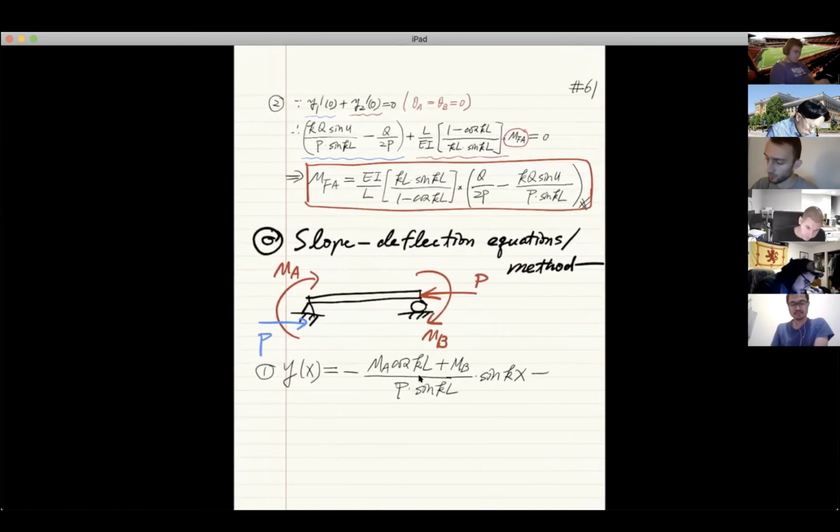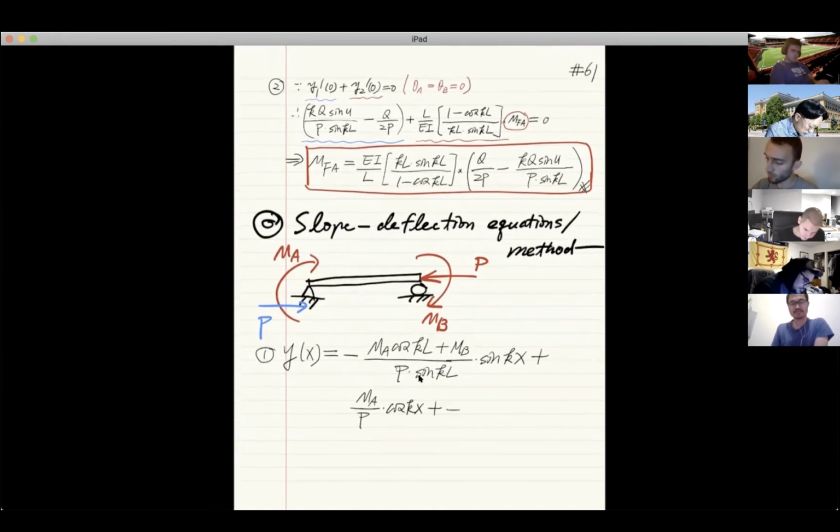And this plus MA over P times cosine KX plus MA plus MB over PL times X minus MA over P. Okay.